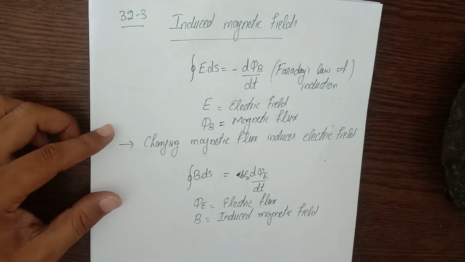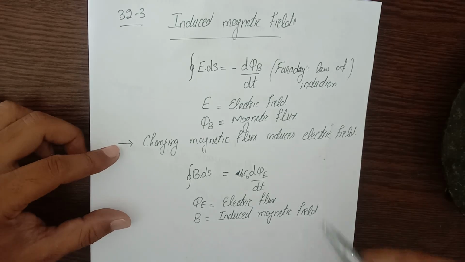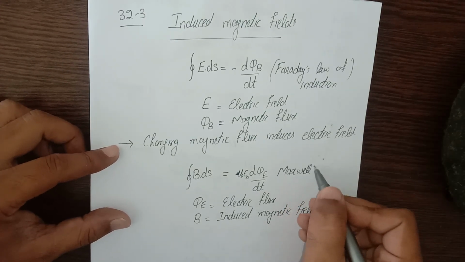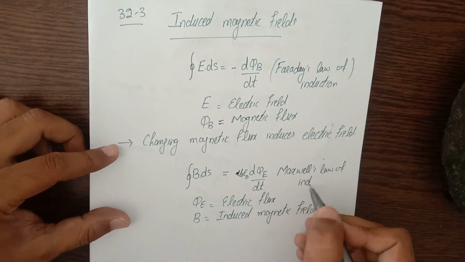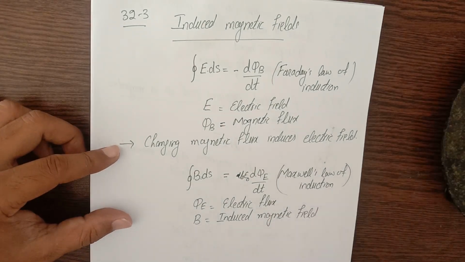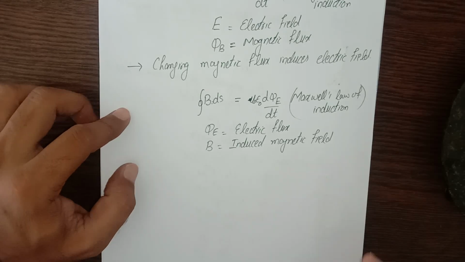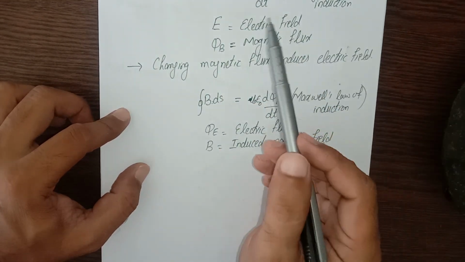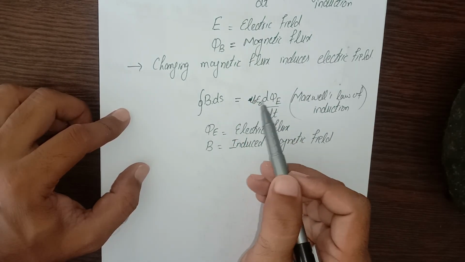This is another form of induction, and this is known as Maxwell's law of induction. One thing that you see in this relationship and in the earlier relationship is that this has a negative sign and this has a positive sign.